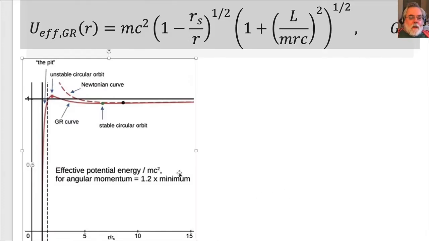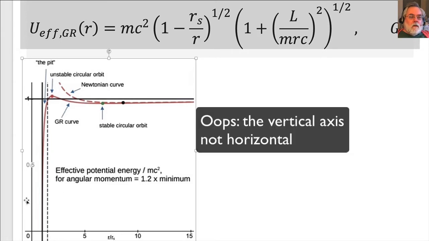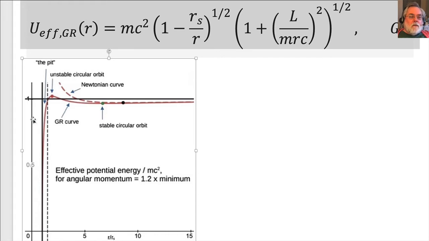In this graph, the horizontal axis is r divided by the Schwarzschild radius, going from 0 to 15. The vertical axis is effective potential energy divided by mc squared. So 1 here is mc squared.